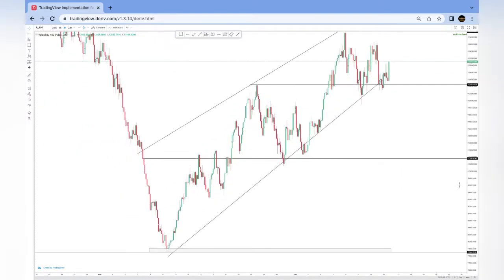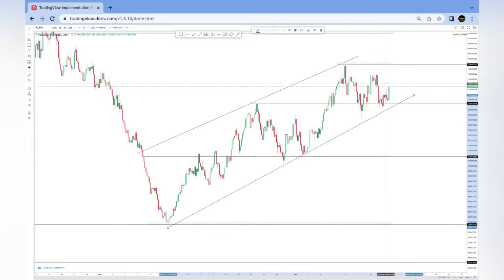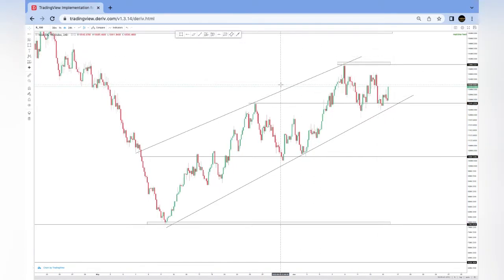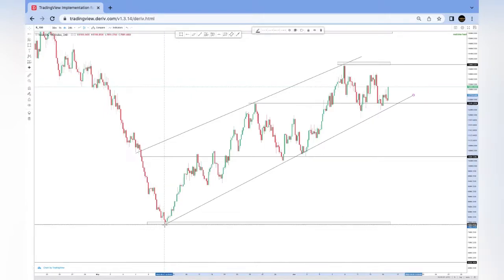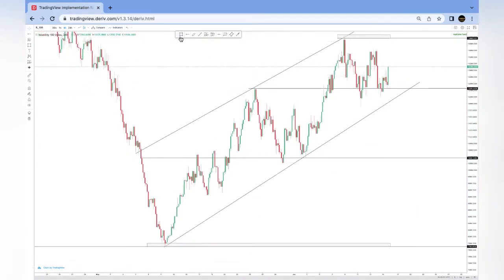So what we do at a small time frame, or when we dive into the time frames, we will adjust our trend lines for accuracy.